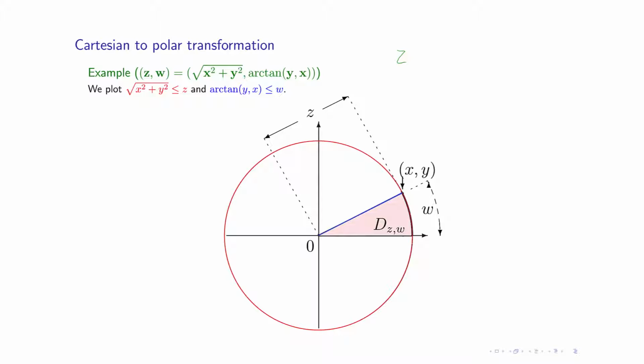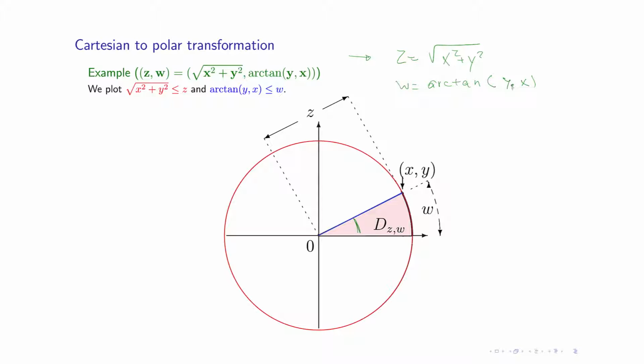So Z is equal to the square root of x squared plus y squared, which is the distance of the random pair to the origin. Sometimes we call this the envelope signal, or the distance from the origin. And W is this angle, the arctan of y and x.